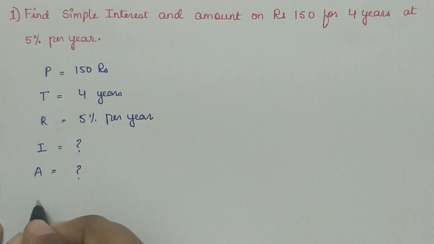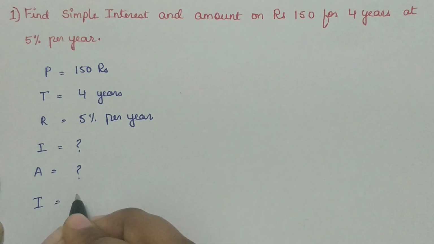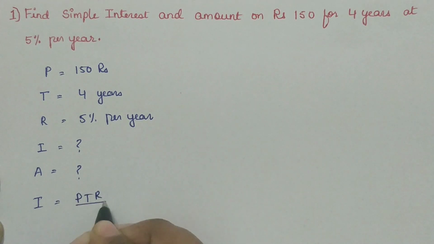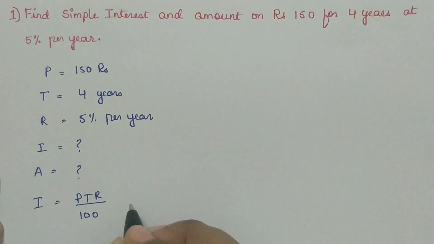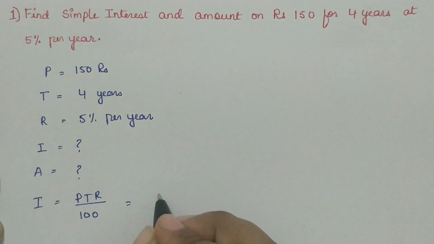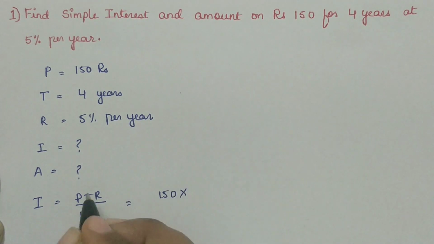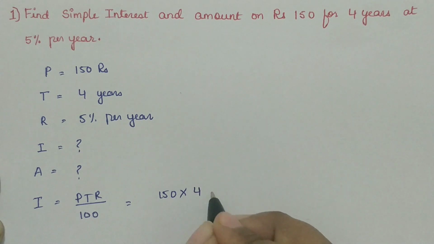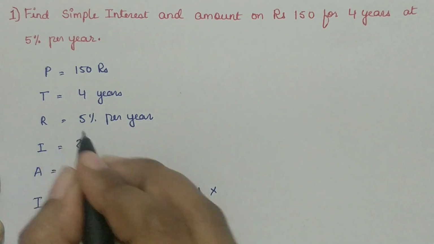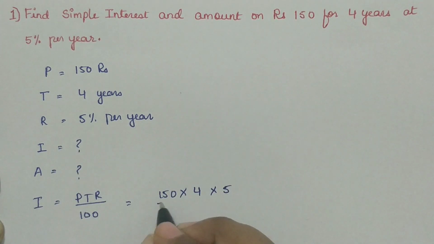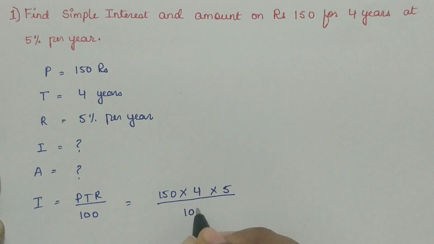We know interest equals PTR by 100, equal to 150 into T equals 4 into R equals 5, divided by 100.